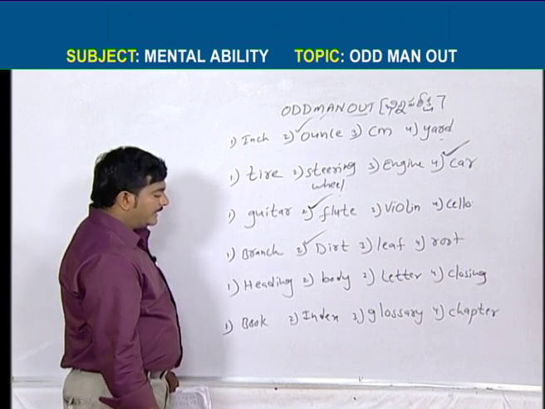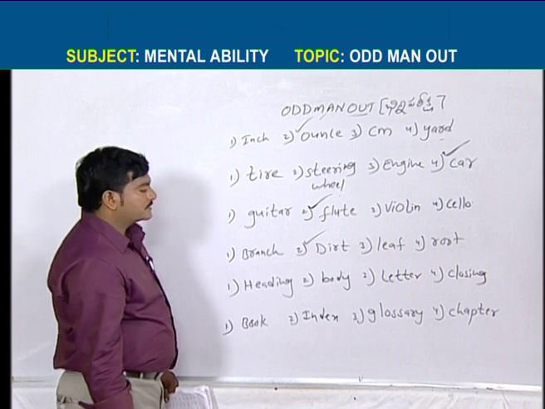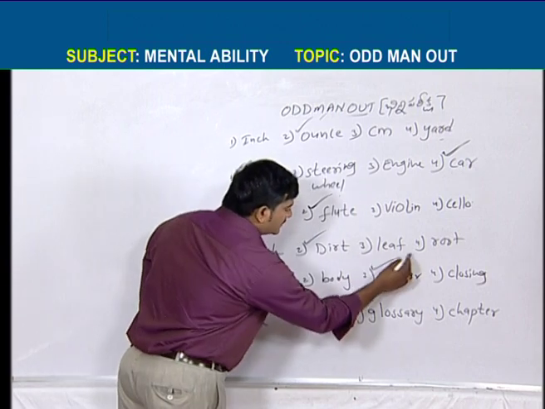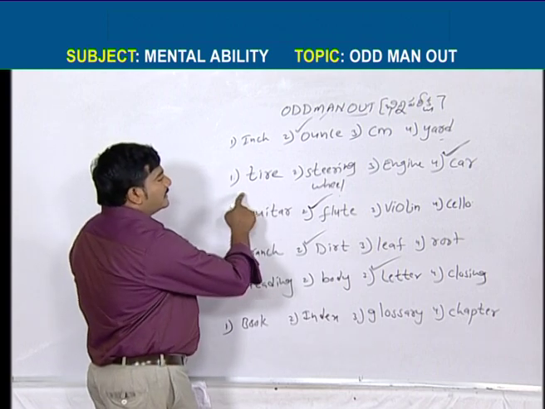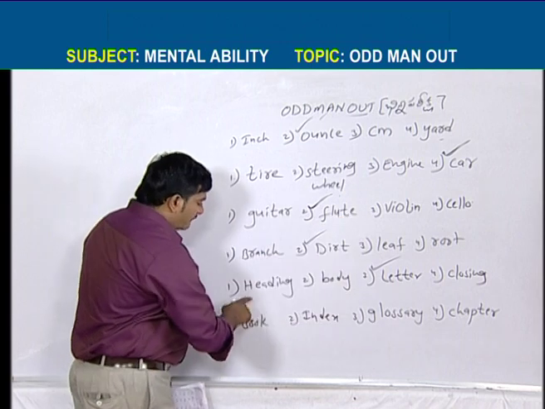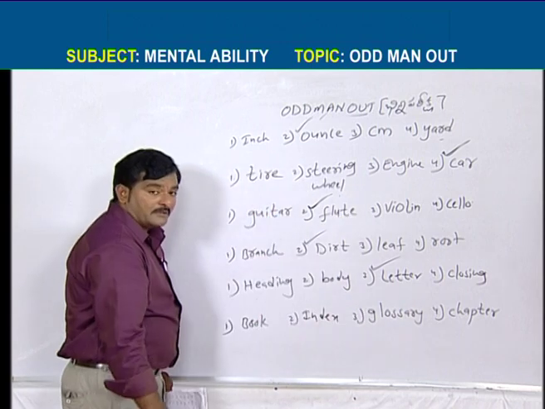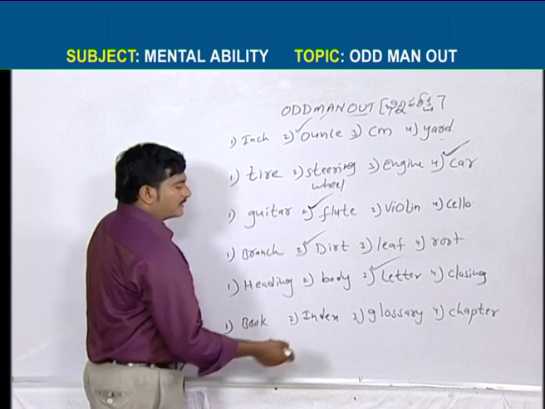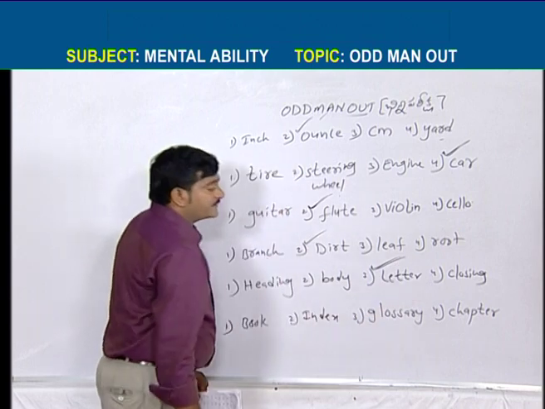Here observe, heading, body, letter and closing. The answer is the third option, letter. See, this question and the car question: these three are parts of a car, whereas these three are parts of a letter. Heading is part of a letter, body is part of a letter, closing is part of a letter, but letter is different. That's why it is different.